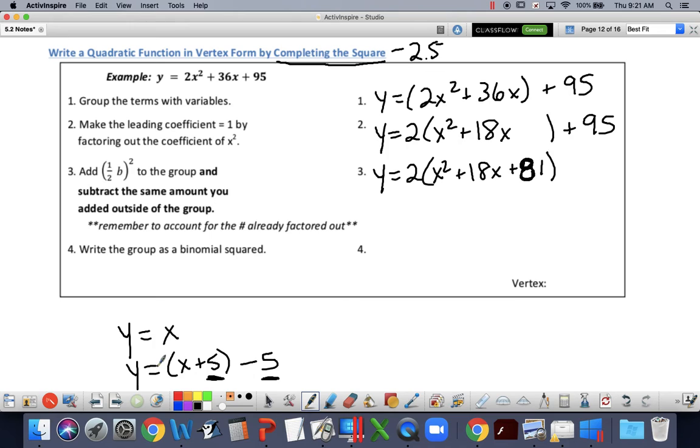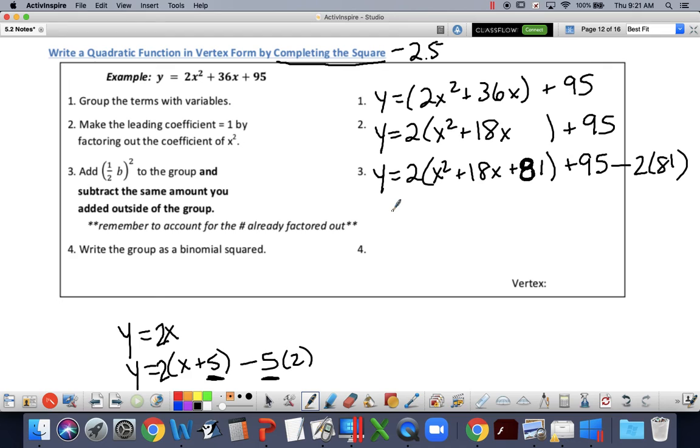If I have a 2 out here, say this is a 2x, and I add 5 here, I'm not really adding 5, I'm adding 10. So I need to subtract the same value out to make sure I keep the exact same function that I started with. So I still have this plus 95, but now I have minus 2 times 81. Pretty tricky here.